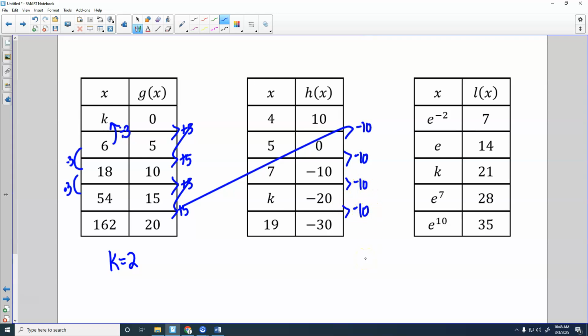So we do have a constant rate on our y's, so we can look at the x's. We're kind of looking for them to be multiplied, but are they being multiplied? So we've got like 4 to 5, 5 to 7. Like this is not working out.